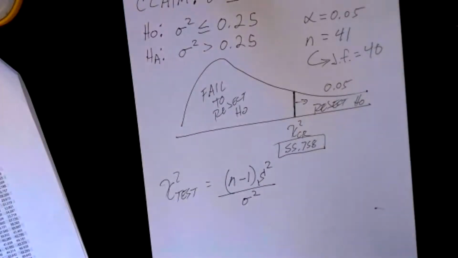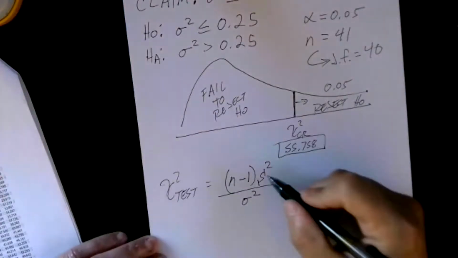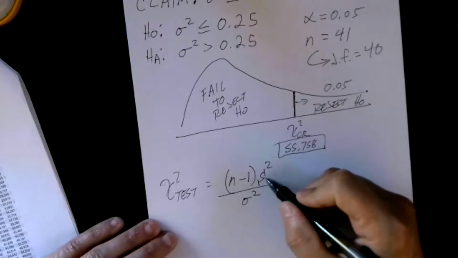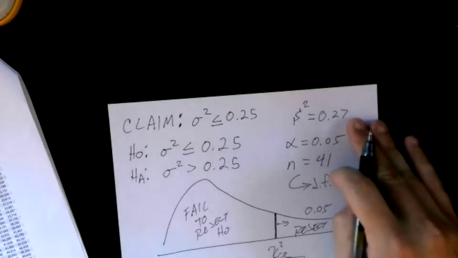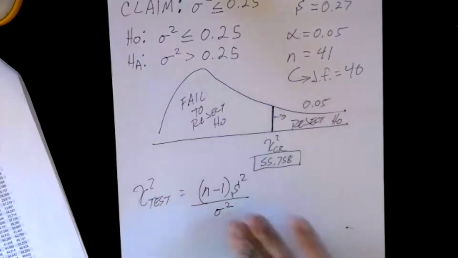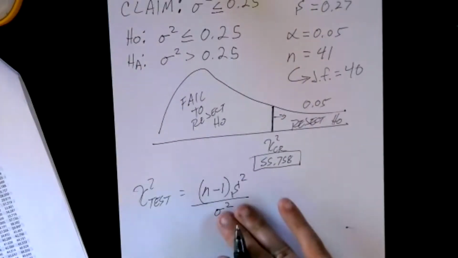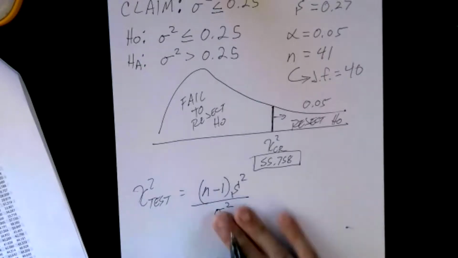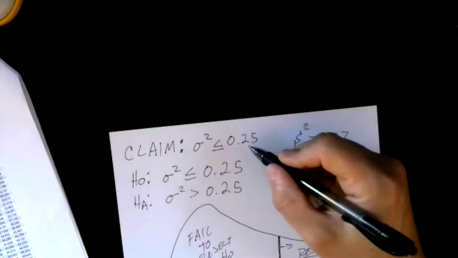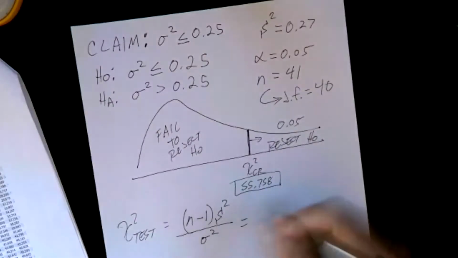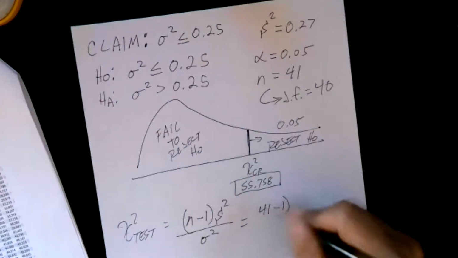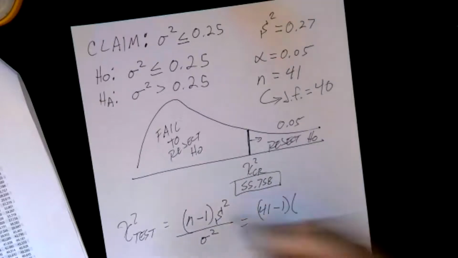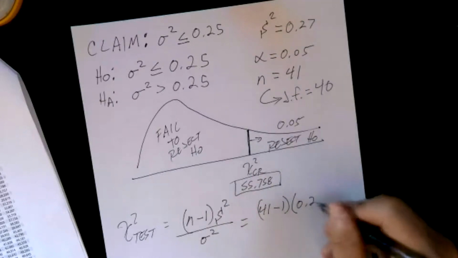No, let's be very careful here. Sample variance was given to us. The population variance is assumed from the claim. So we're going to use 0.25. So this is 41 minus 1 times S squared, which is 0.27.